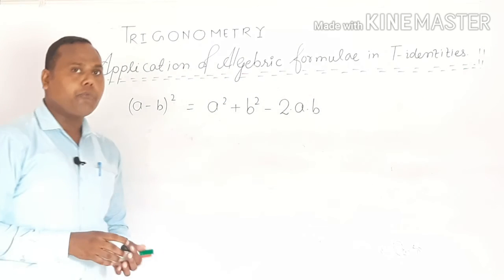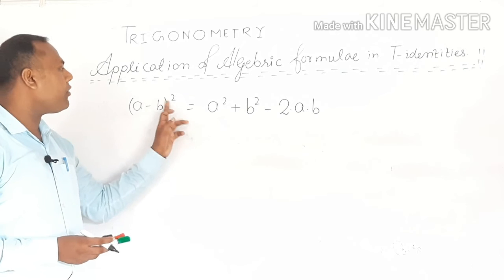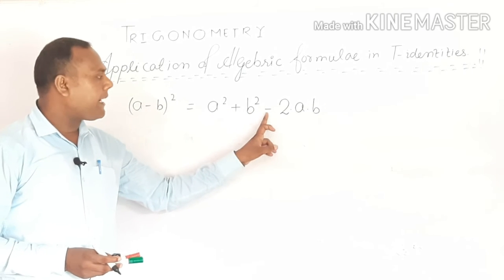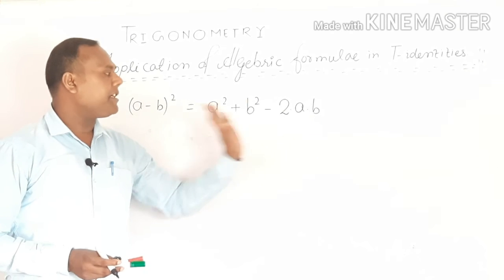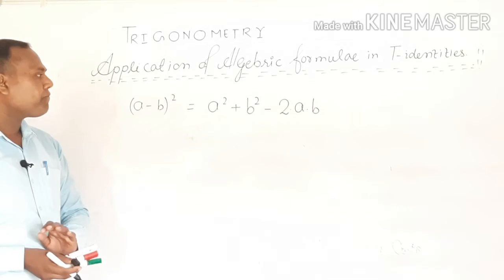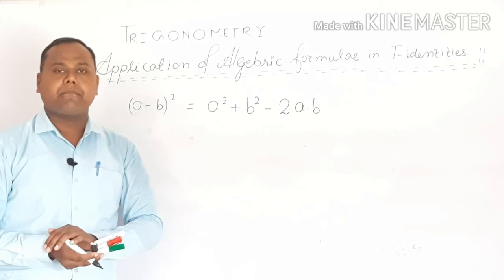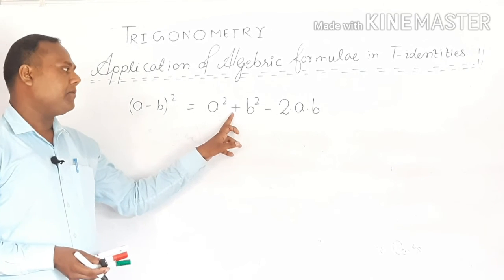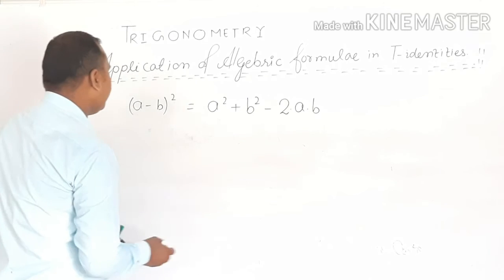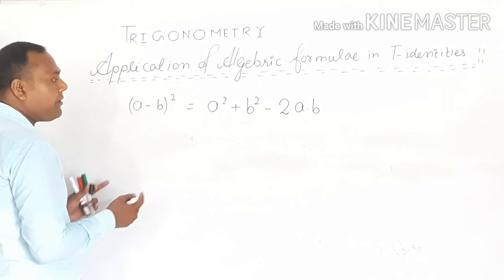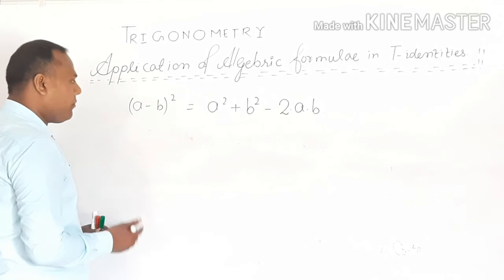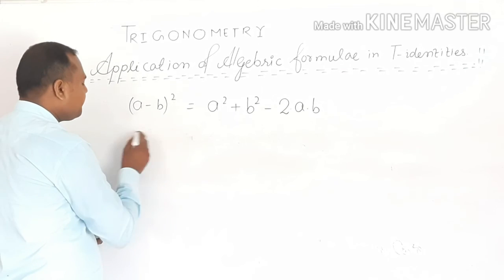That means a minus b the whole square will be equal to a square plus b square minus twice of ab. We always remember, a square is always positive, that's why we put plus here. Now let us proceed. How can we apply the trigonometrical identity in this formula?